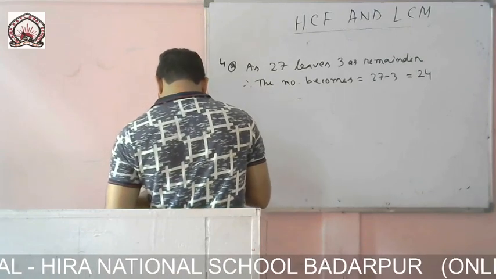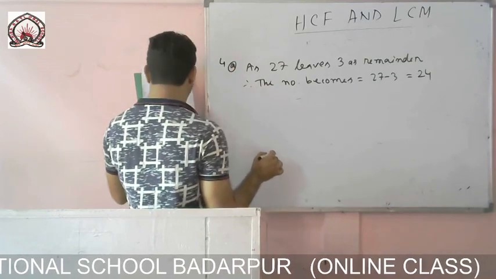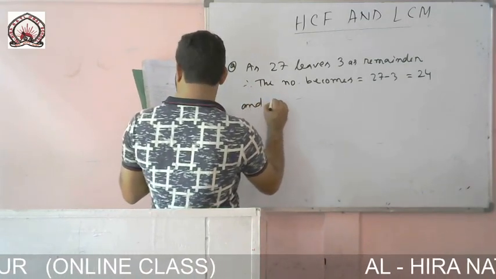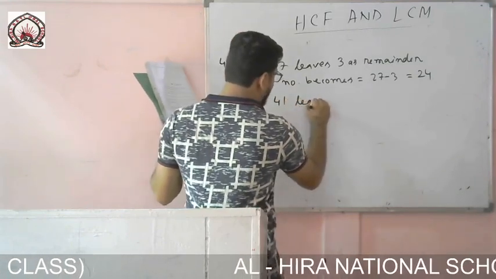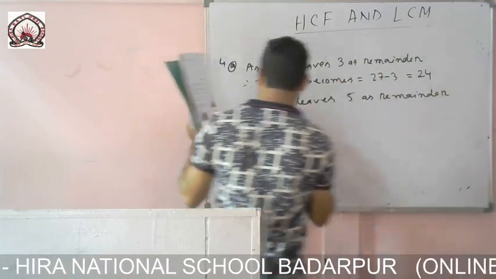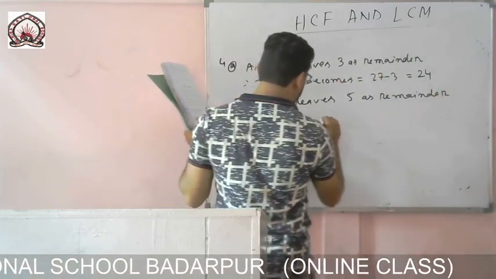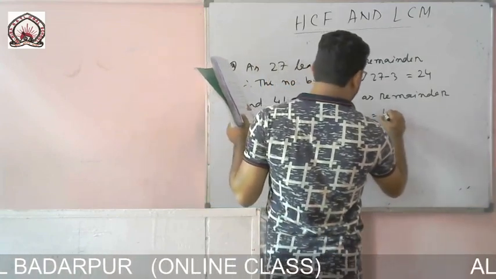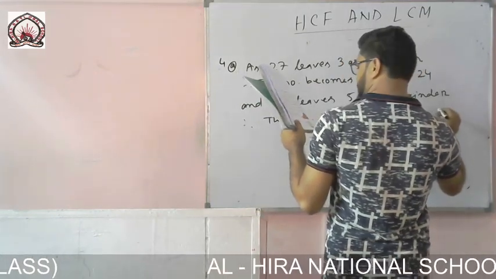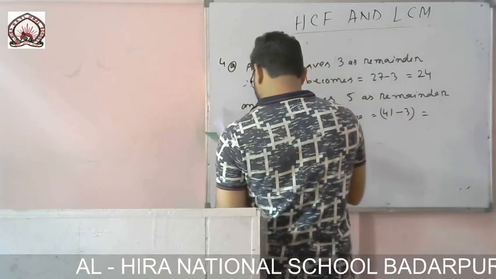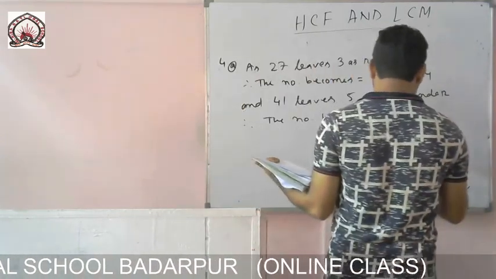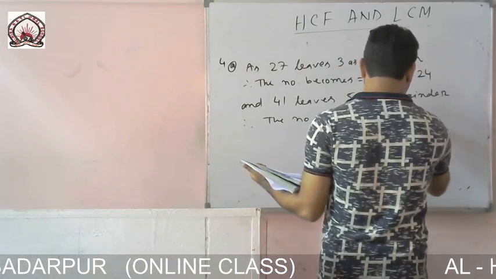So 24. Now 41 leaves 5 as remainder. Therefore the number becomes 41 minus 5, which is 36.